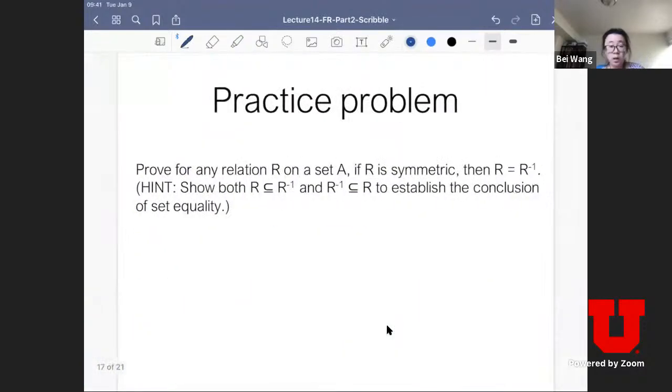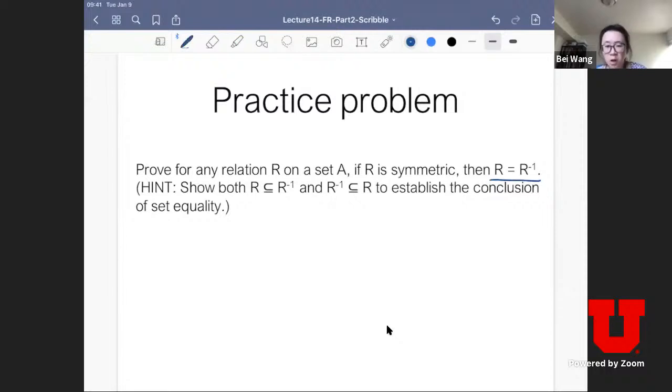Okay. So now we want to prove that if a relation R is symmetric, then this relation is equal to its inverse. Of course, if you think about a binary relation, it's a set of pairs.